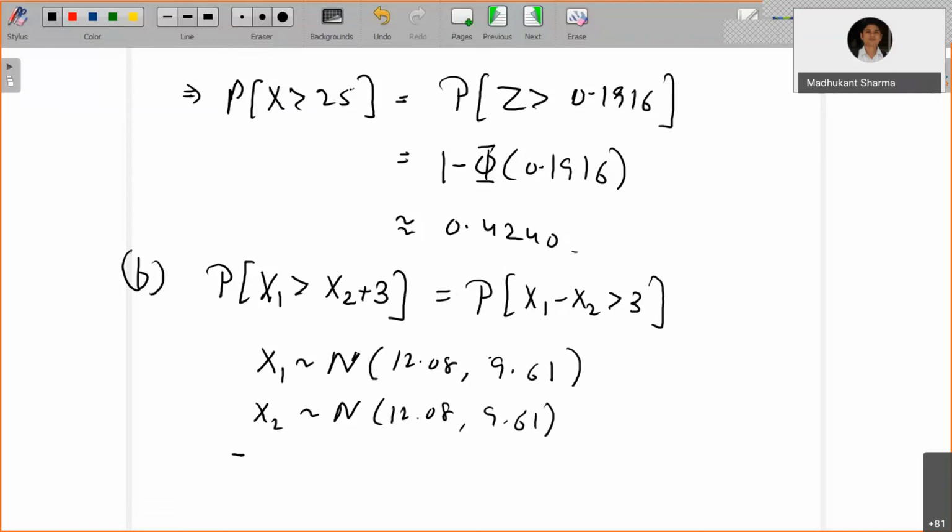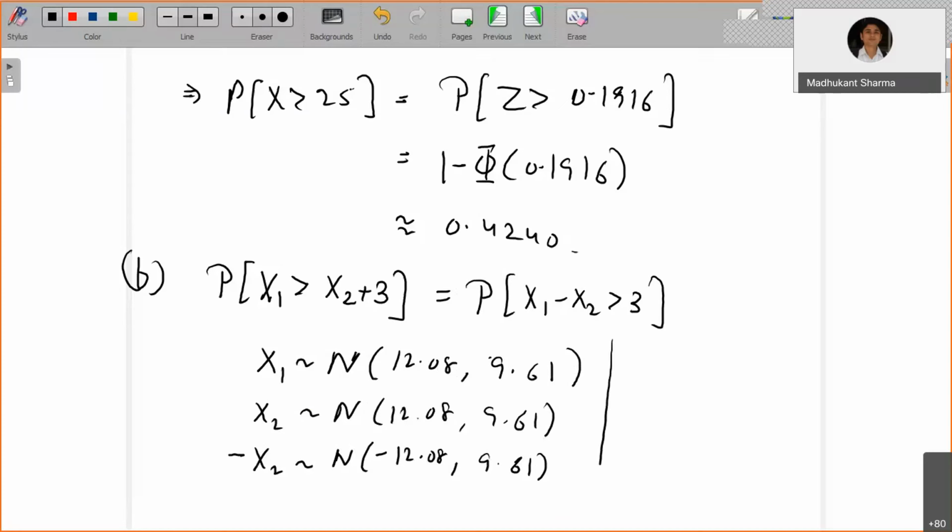What about minus x2? Minus x2 will follow, the expectation will take the negative value, minus 12.08, and the variance will remain the same, right? Because variance of bx is b squared times variance of x. So if you recall all this definition here.